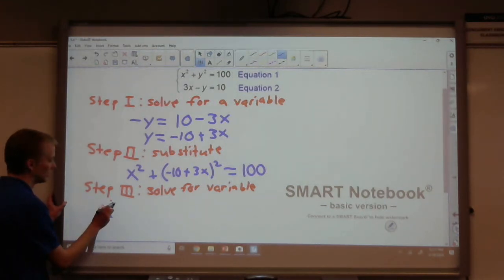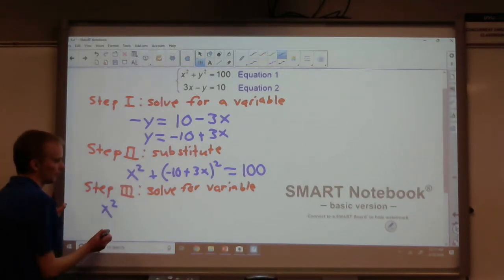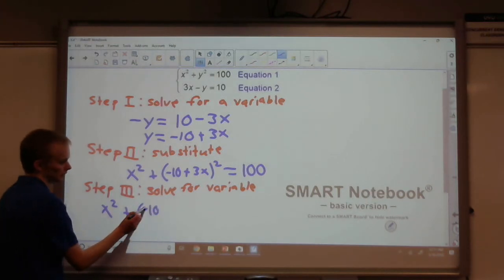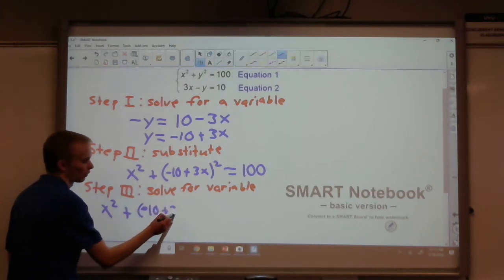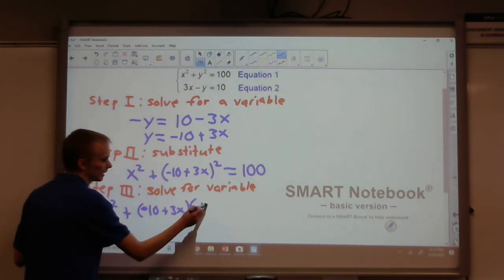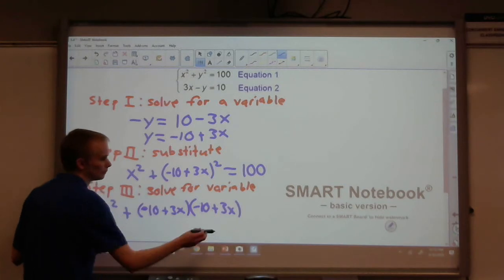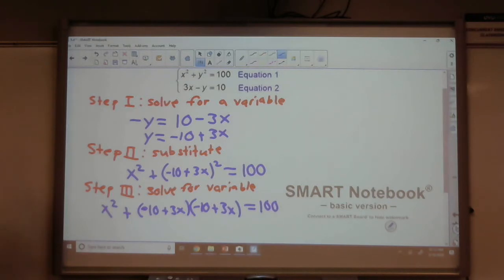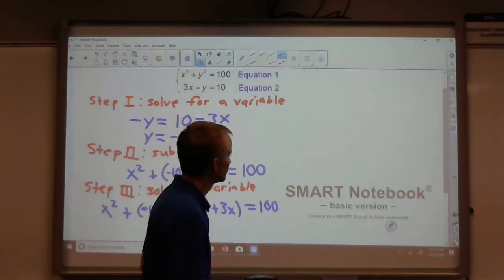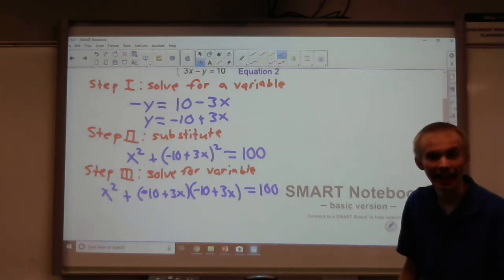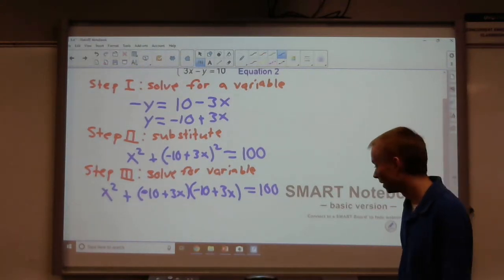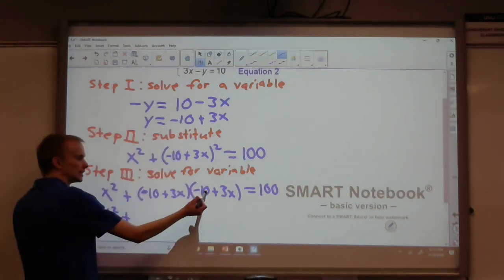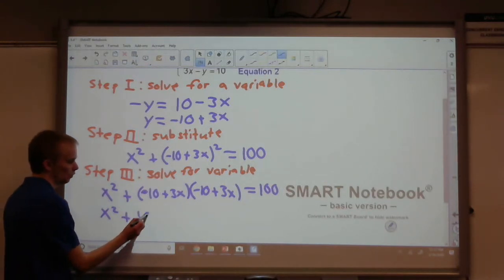So I'm going to have still an x squared here. And then for the square part, let's say negative 10 plus 3x times a negative 10 plus 3x, right? That's the same thing as squaring it. You're just timesing it by itself. So then we can FOIL this out, or Santa hat if you prefer. We would get x squared plus negative 10 times negative 10 is 100.